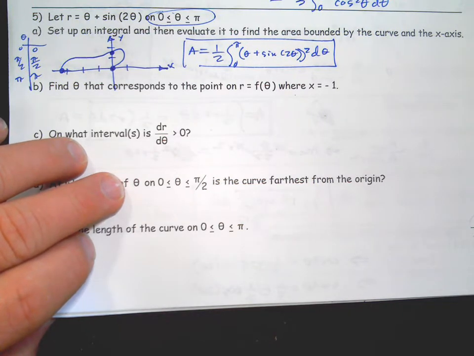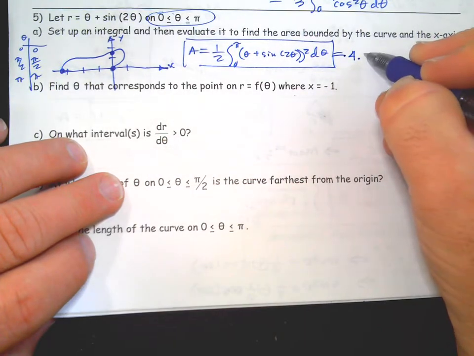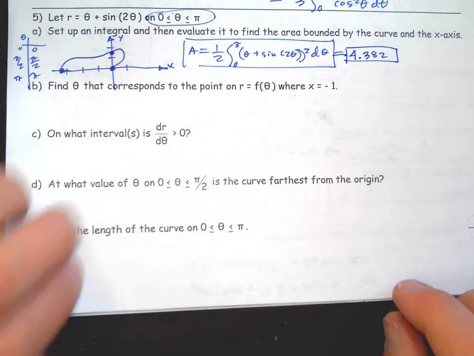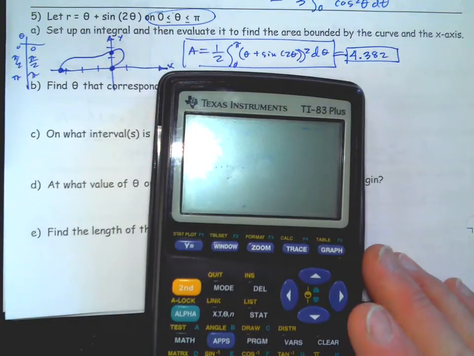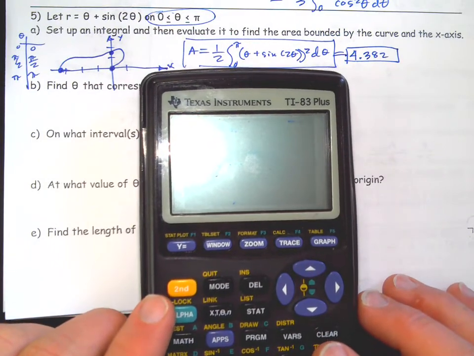If you were to try and solve by hand, you'd get stuck, so you'd have to use a calculator. Just for practice, you might try it on your calculator, and you should get 4.382. I do it in regular function mode.